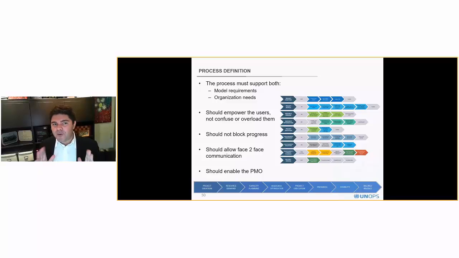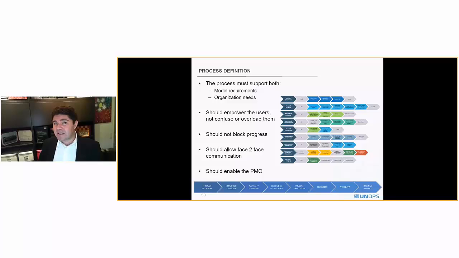You have to remember that both need to work together, and the maturity of the model and of the users and organization should grow together. So don't expect too much from your users, and don't underestimate your model, okay? The process should empower the users and not confuse them or overload them.